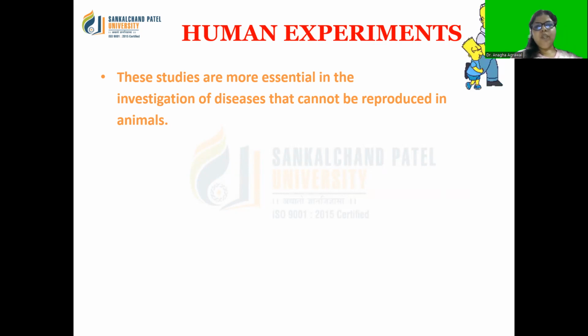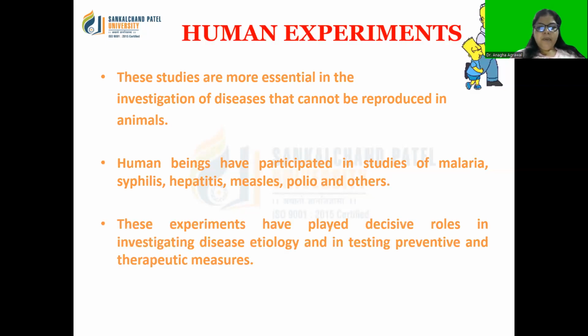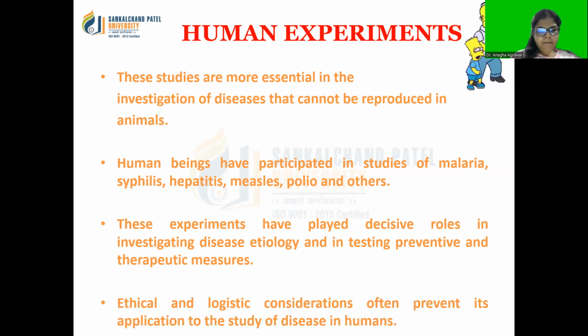So we actually need volunteers to participate in these studies. Human beings have participated in studies of malaria, syphilis, hepatitis, measles, polio, and others, which are life-threatening diseases. These experiments have played decisive roles in investigating disease etiology and in testing preventive and therapeutic measures. So we need more and more human experiments, okay?